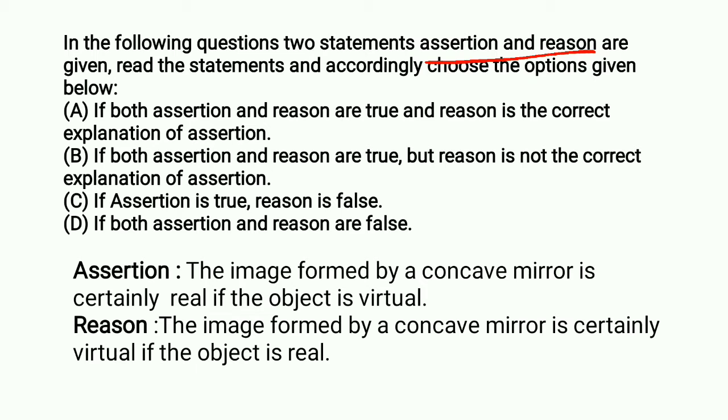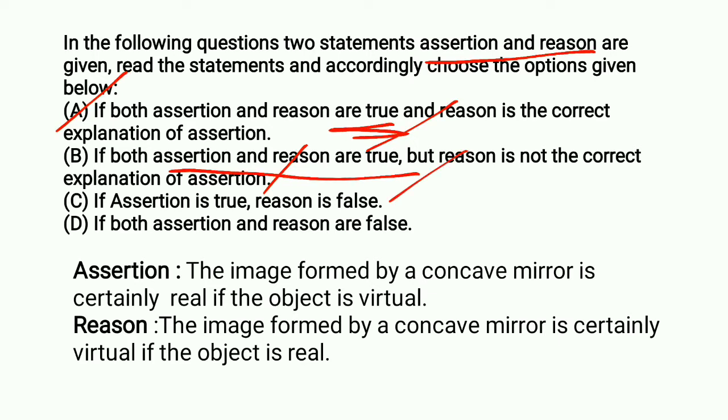The first option is if both assertion and reason are true and reason is the correct explanation of assertion, then we have to choose option A. Now next option B: if both the assertion and reason are true but the reason is not the correct explanation of assertion, then we have to choose option B. Next, option C: if assertion is true but reason is false.